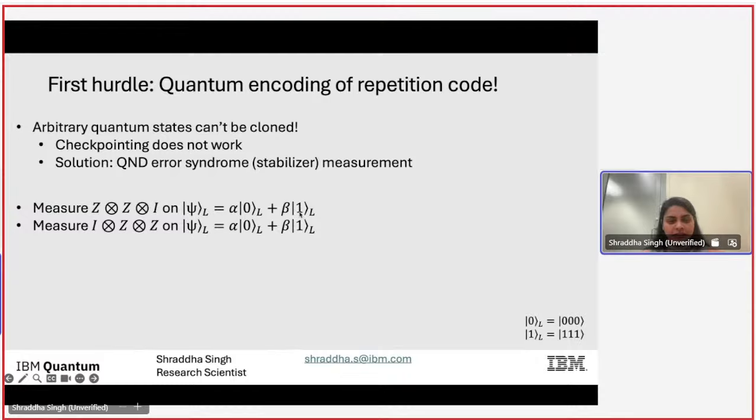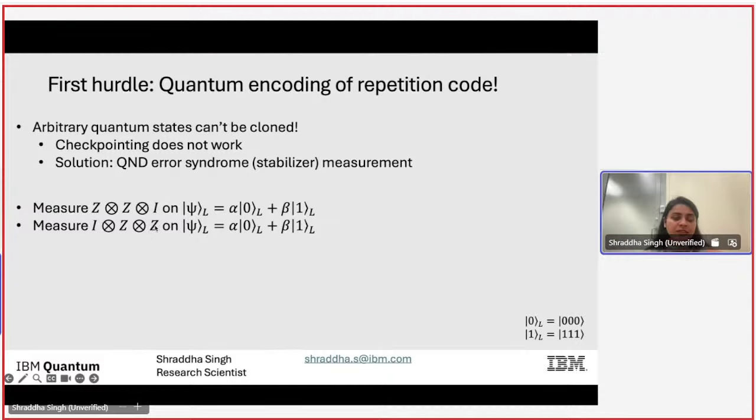And this encoding is essentially achieved with stabilizer measurements. If you measure, for example, Z tensor Z tensor I on a 3-qubit state, it would project that state onto the first 2 qubits being in the eigenstate of Z tensor Z. And similarly, when you measure Z tensor Z on the second 2 qubits, you can essentially collapse the state onto being in the eigenstate of these two states.